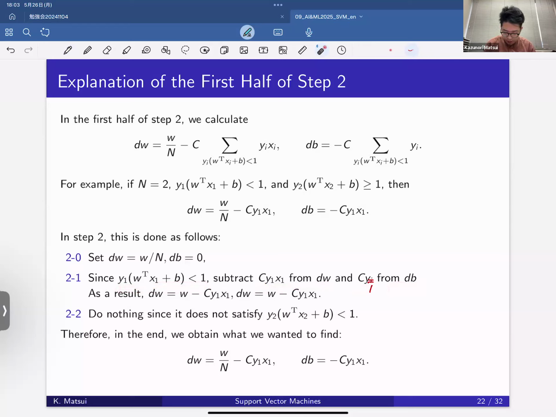As a result, dw becomes w over n minus c y1 x1.